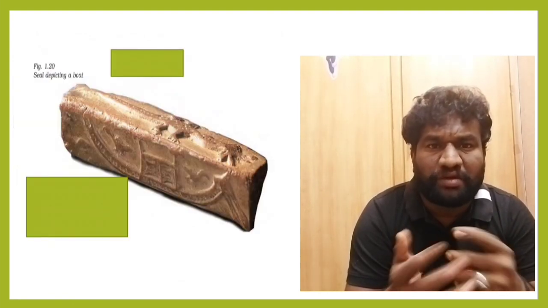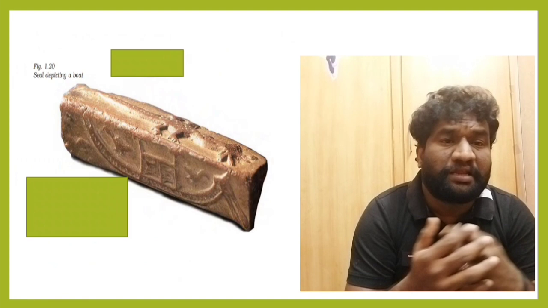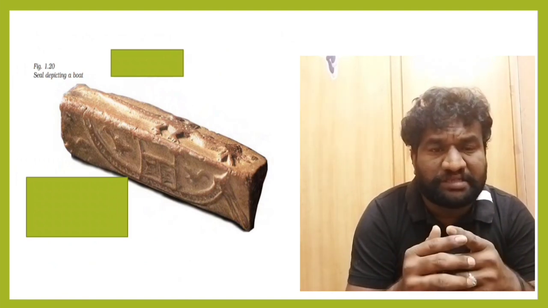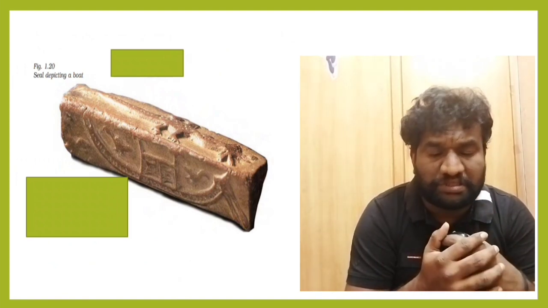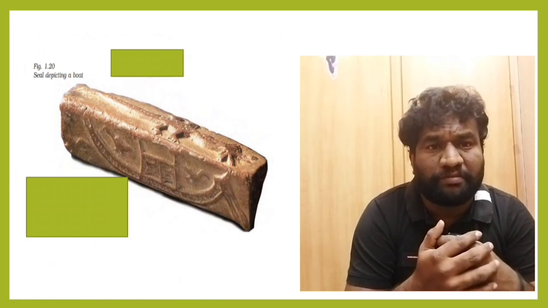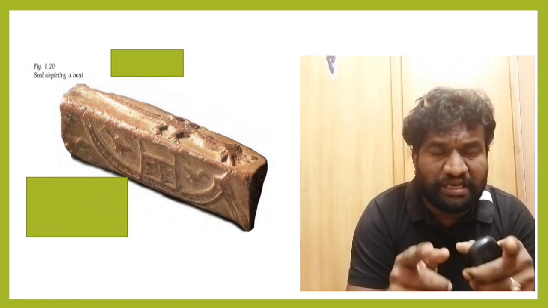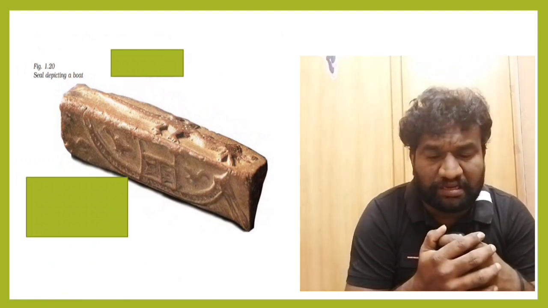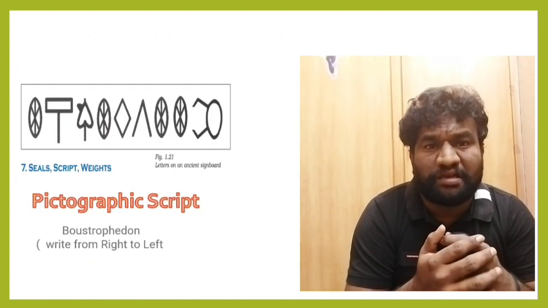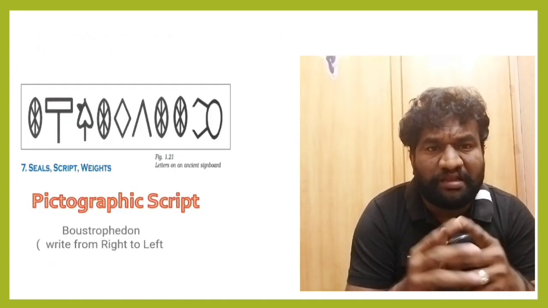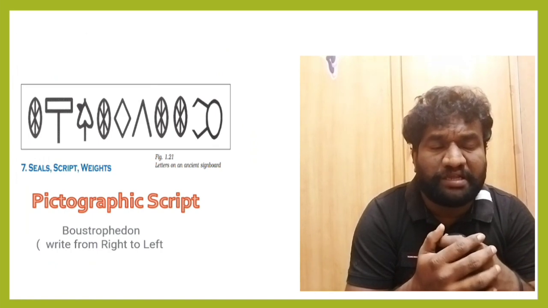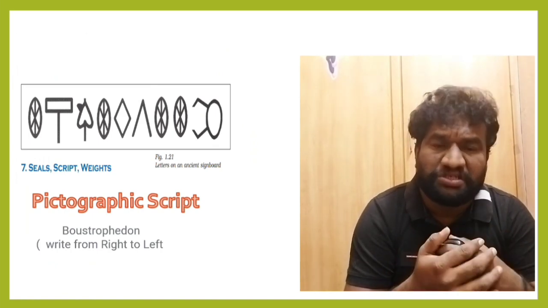So look here, the seal depicting a boat. On the seal you can see the boat symbol. The seal here is rectangular, square in shape. Next, look here, and finally the pictographic script. Already we discussed the pictographic script on seals.